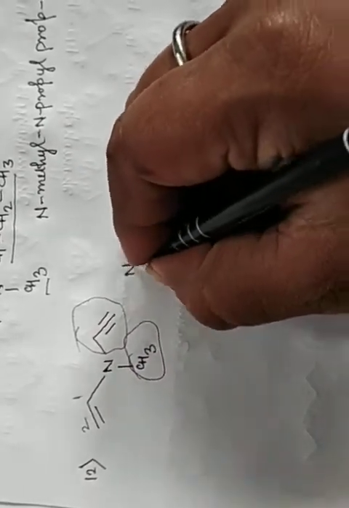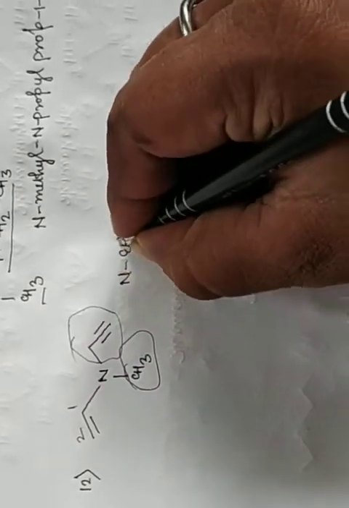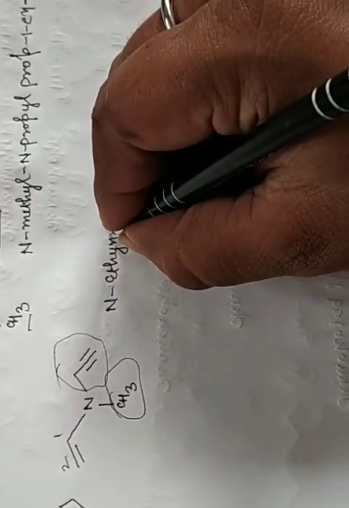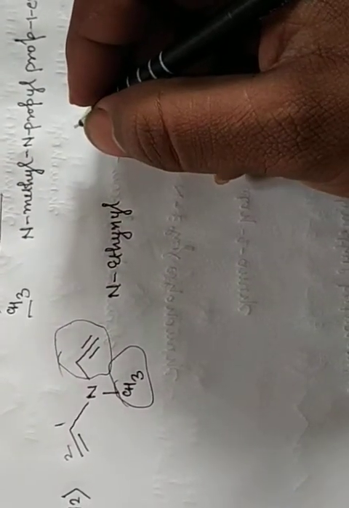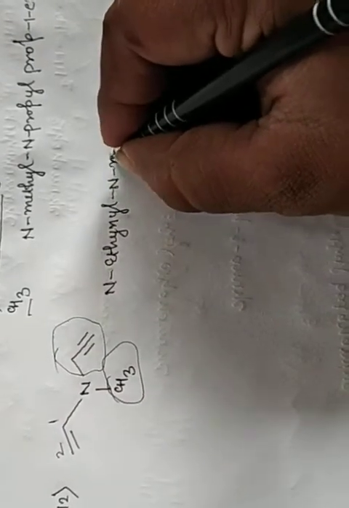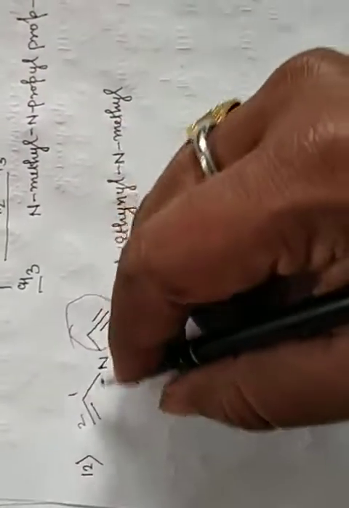The N ethynyl, and N methyl. The last is there are 2 carbons. It means eth, 1 ene and 1 amine.